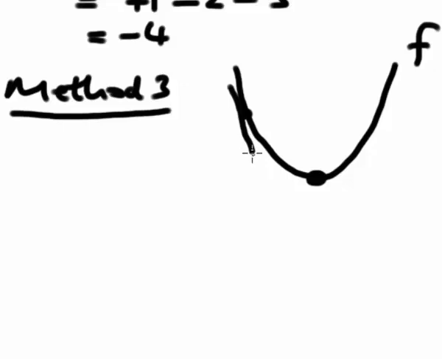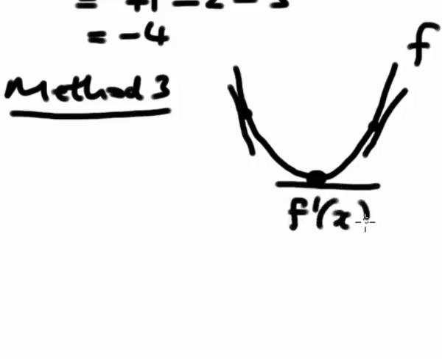The gradient of the tangent is negative there. It's going down, decreasing. To the right of the turning point, the gradient of the tangent is positive, so it's increasing. But at the turning point, the gradient is 0, because the tangent is a horizontal line.